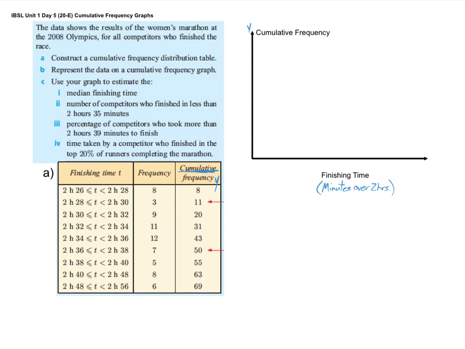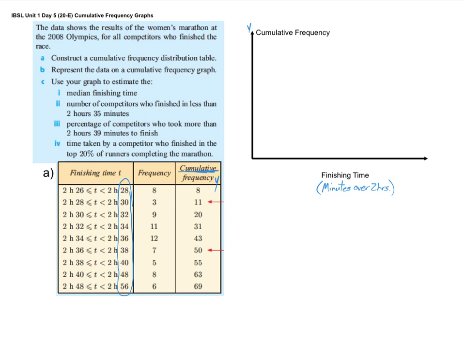Now, the other thing is, notice our x values are going to be these values right here. We have ranges, and I'm going to use the higher end of each range, because when I put that point there, I'm saying that this y value is the number of people that is this or below.